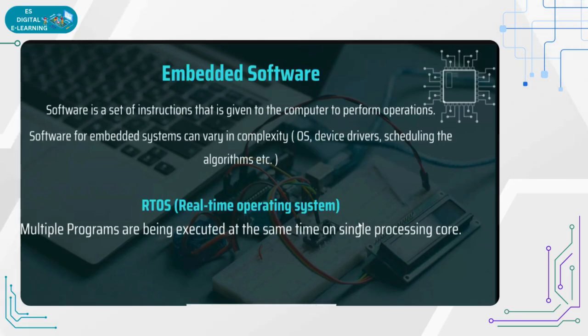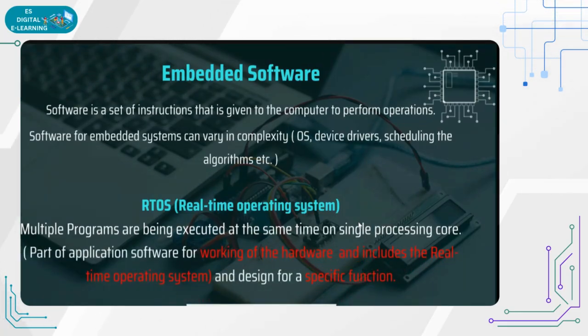What exactly the function is, what exactly the task you should do, that we are giving in the RTOS. Okay, so it is a part of the embedded software, where the RTOS, device drivers, and OS software are given. It is a part of the application software. So it makes that hardware or software that we are designing for a specific function.